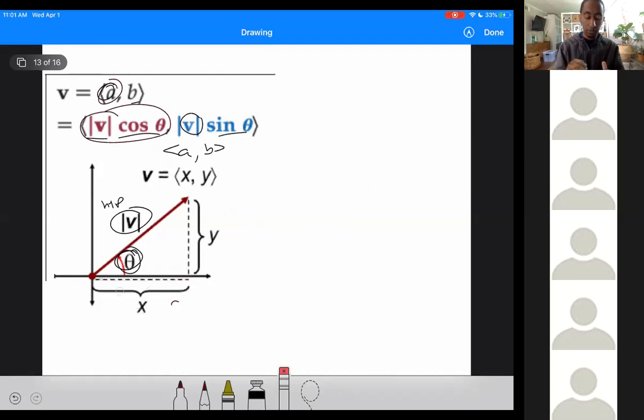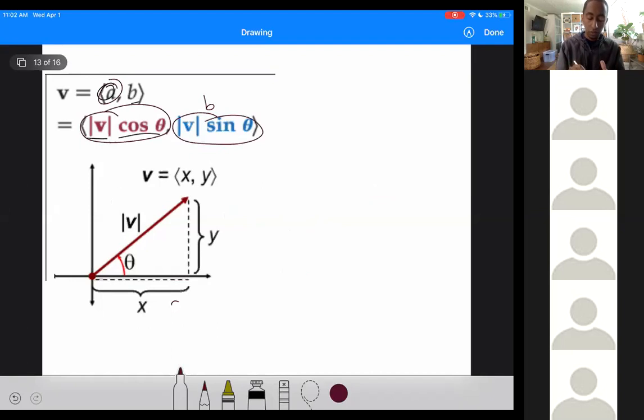For the B, let me erase this. The B is this, okay? And so in this graph, this is our B, our vertical component, and that is the opposite, and this is the hypotenuse. And so sine of the angle is B, which is the opposite, over hypotenuse, which is magnitude.